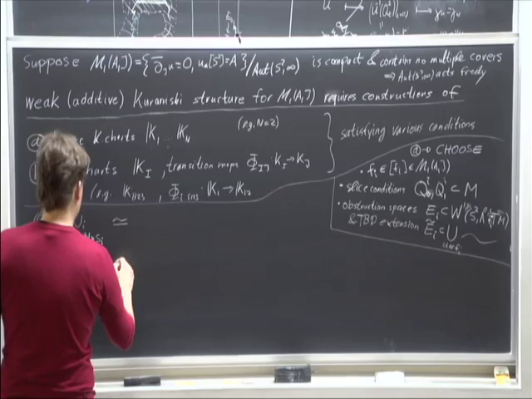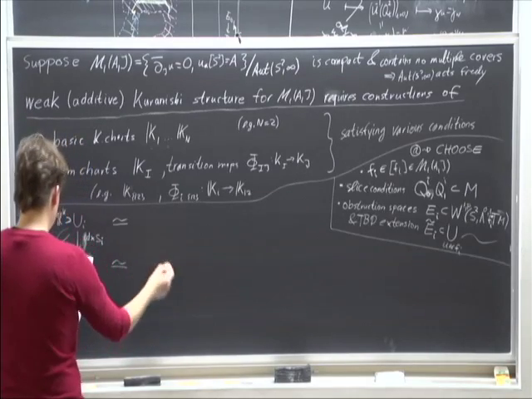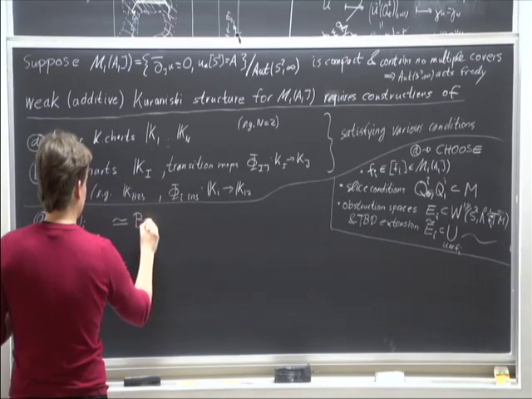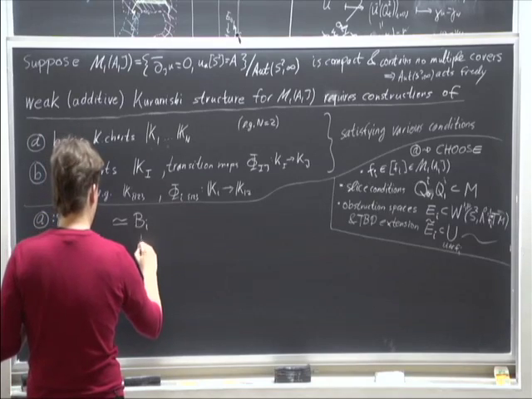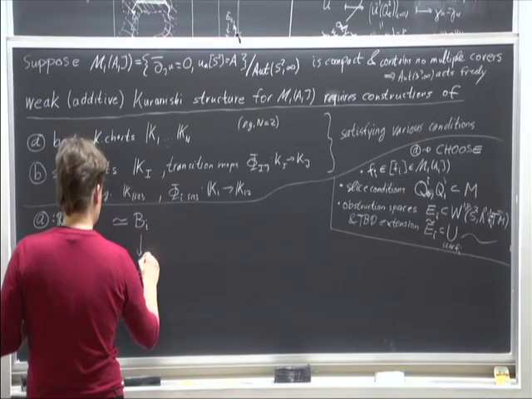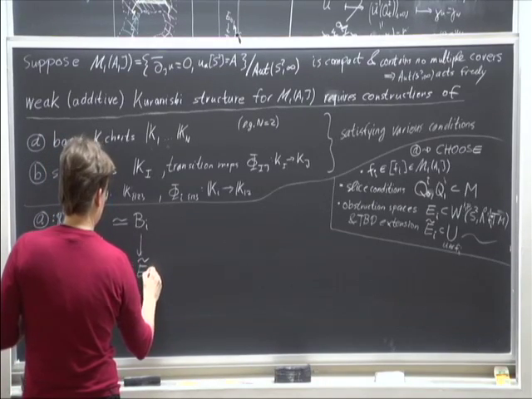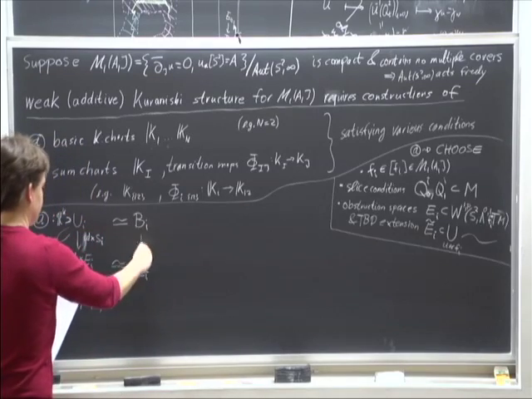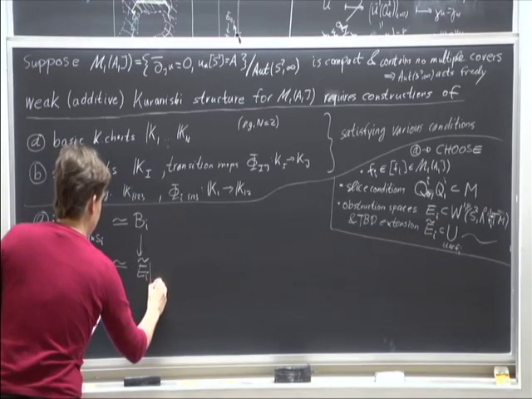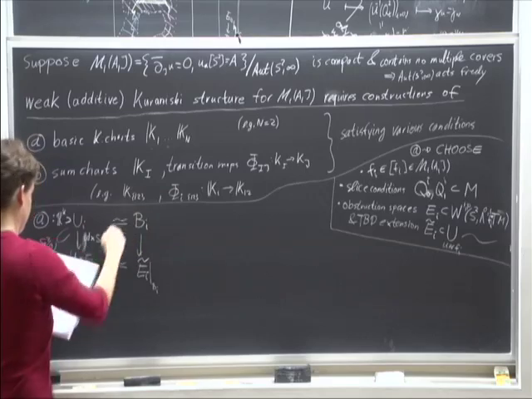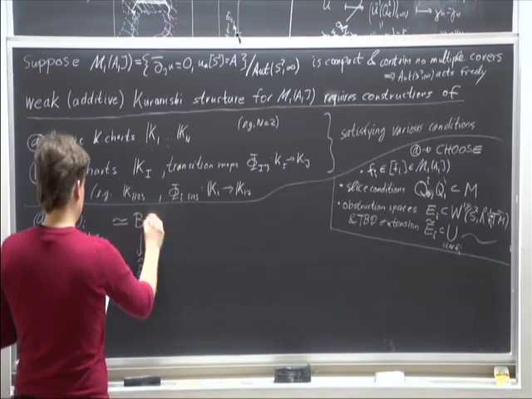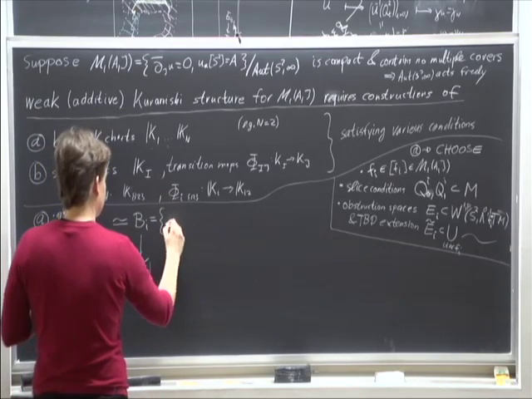The immediate construction is going to be by trivializing a bundle. So this is that extended obstruction bundle, and it's going to get restricted to some finite dimensional smooth manifold, hopefully.